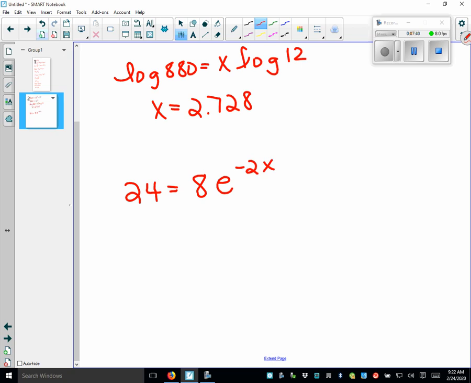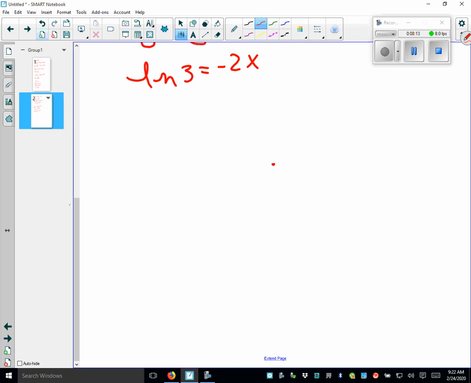Okay. What do I have to do first? Divide by 8. So 3 equals e to the negative 2x, right? I ln both sides. So ln 3 equals negative 2x. x equals what? I always want more than one person to give me an answer.